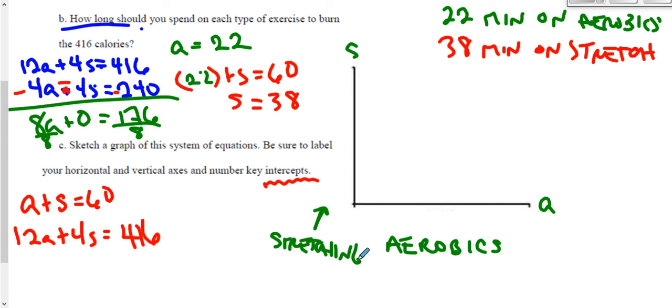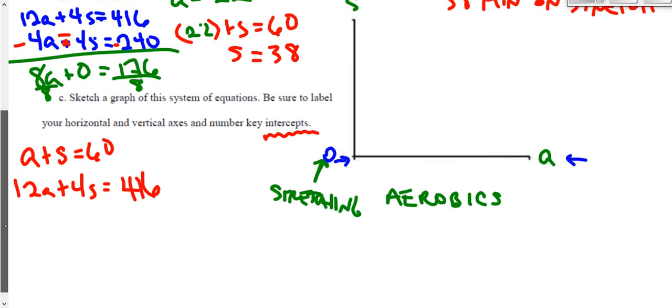To start graphing this, I have to start finding some key intercepts, and I can find an a-intercept and an s-intercept really easily. An a-intercept happens on the a-axis, and if I'm on the a-axis, my s value must be 0. So I'm going to take both equations and find out where they give me an a-intercept.